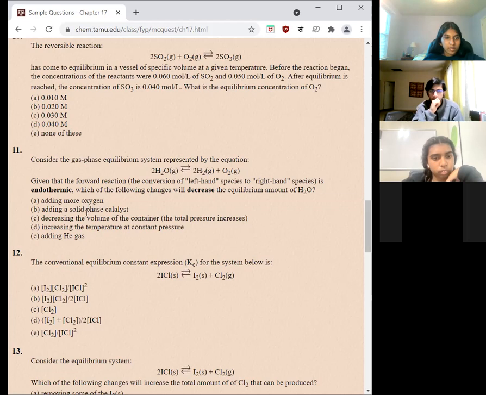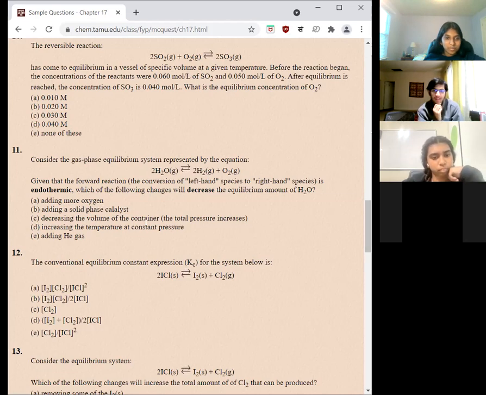So not adding more oxygen, because that would be adding products and that would push it to the left. Adding a solid phase catalyst, I'm not sure what that means, so we're going to come back to that one.